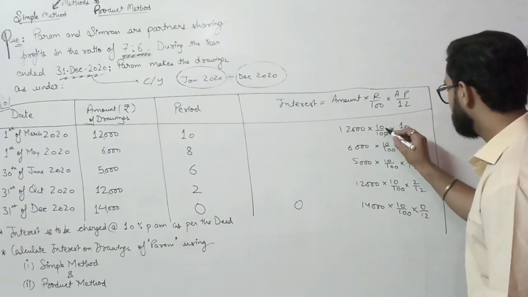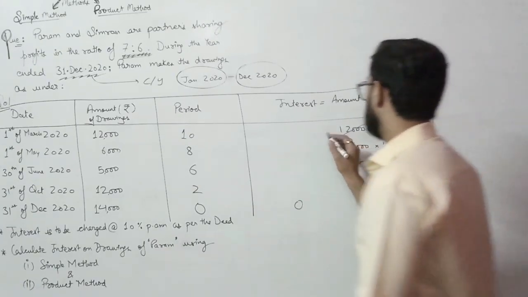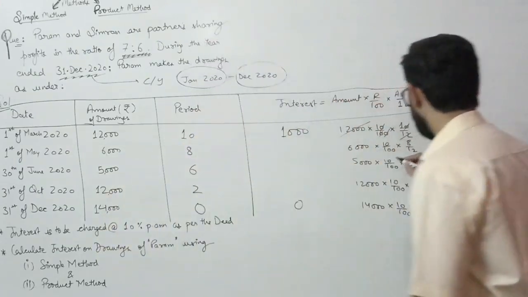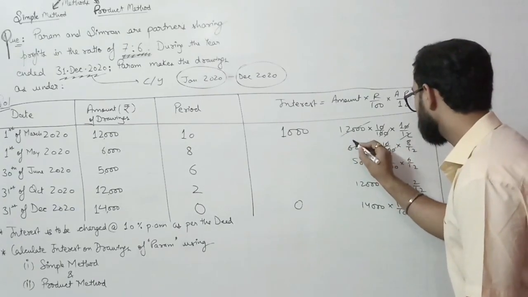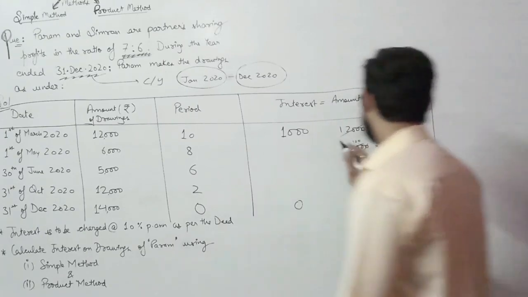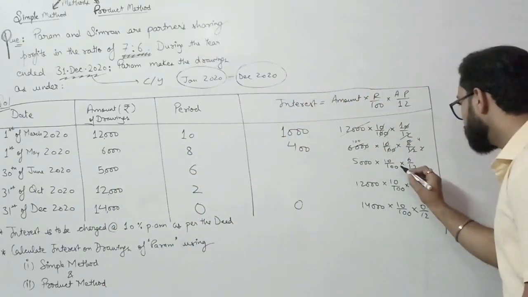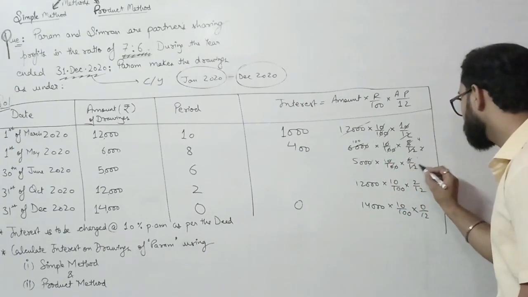Now in this case, let us calculate. 1,000 rupees. 400.